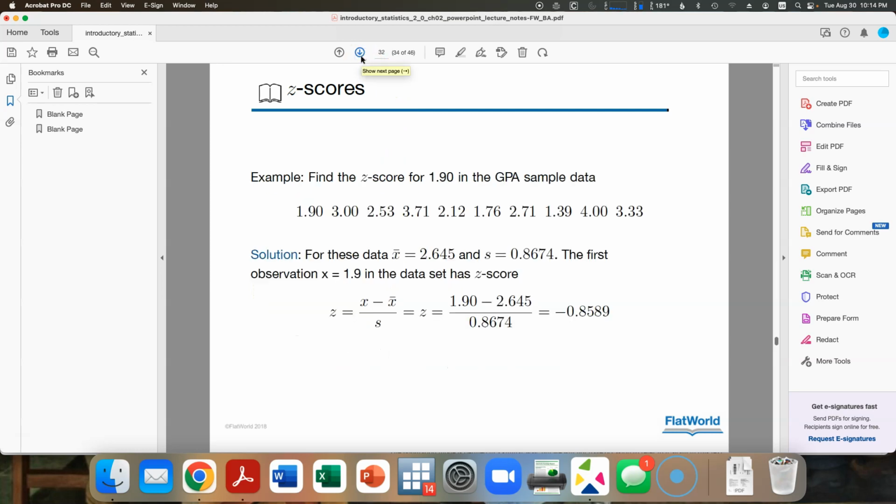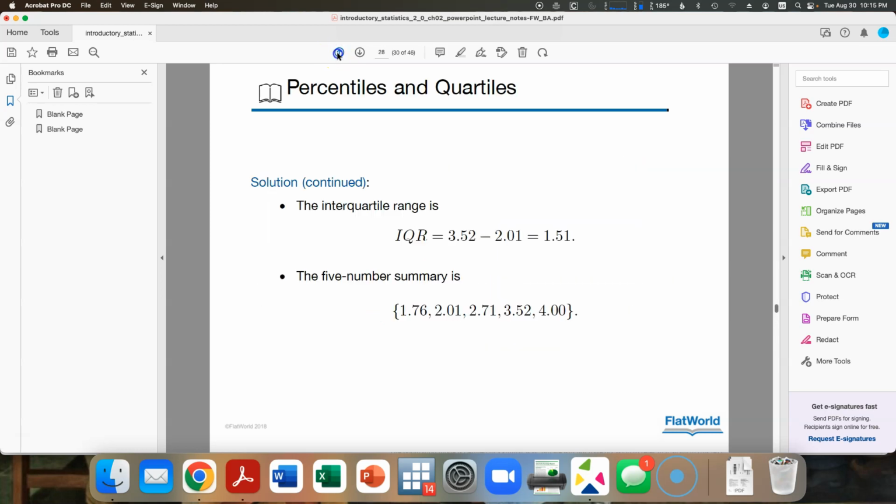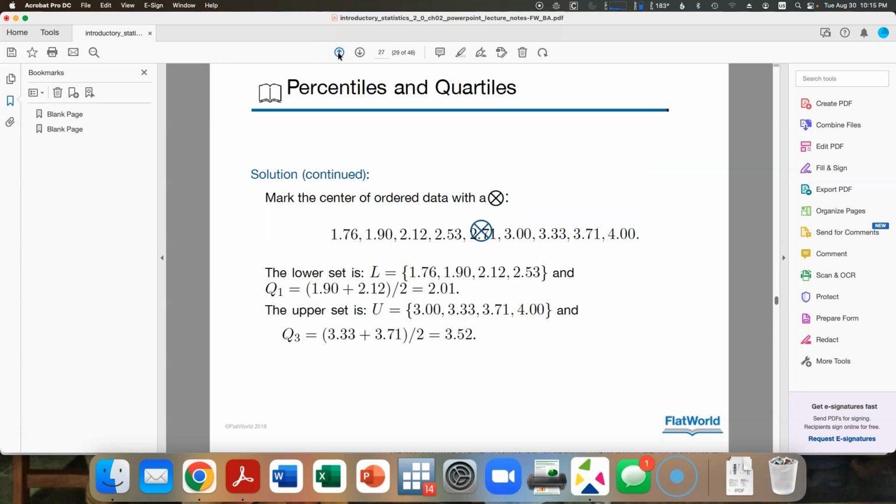So if we want to try to solve this, what we would do is, again, if we want to find the z-score specifically for 1.9, then what we need to do is take our 1.9 value right here and subtract from that the mean score, which is... is it the same data?